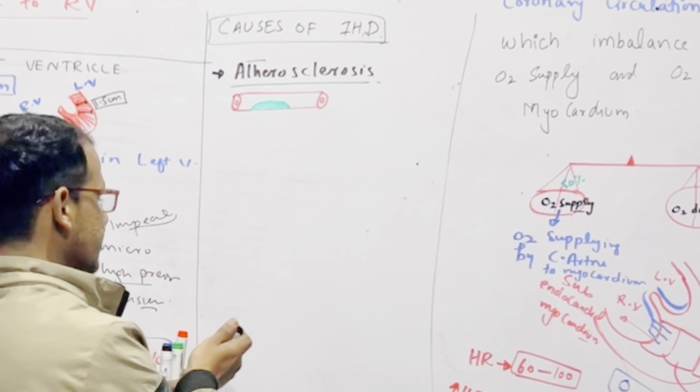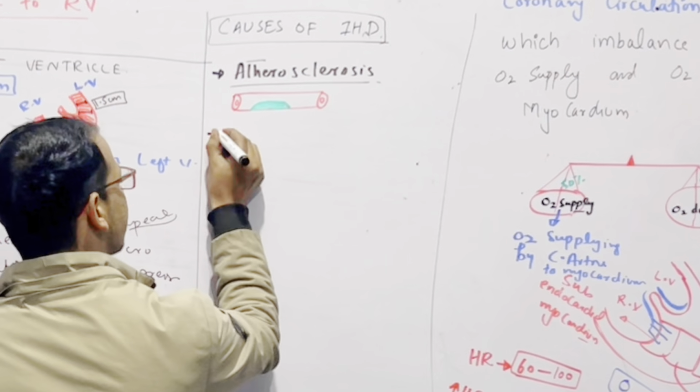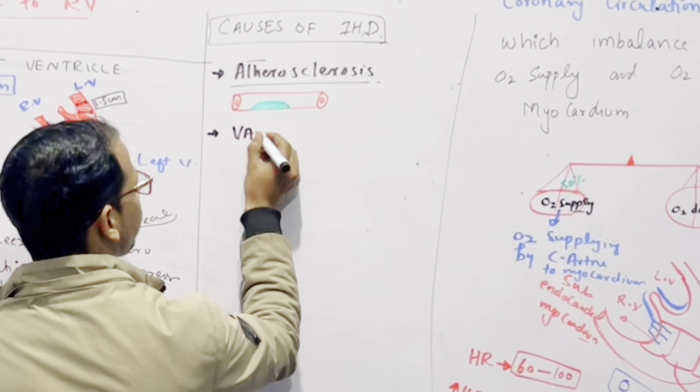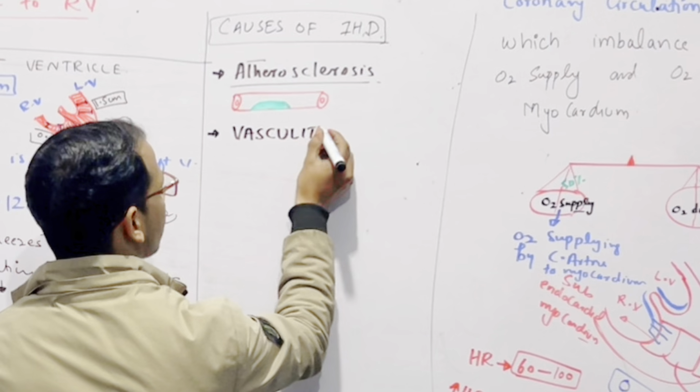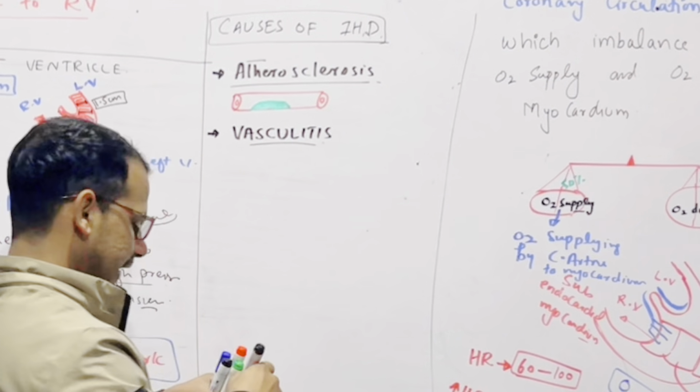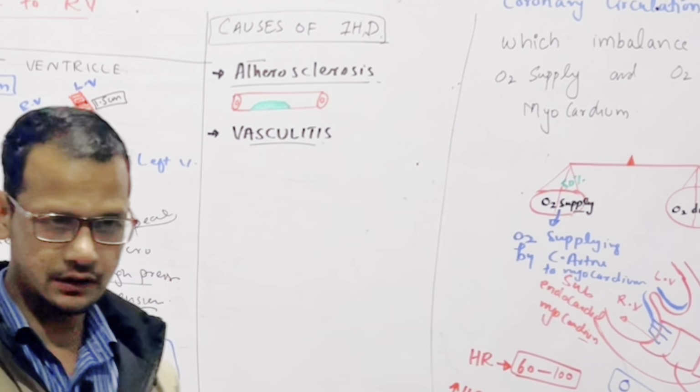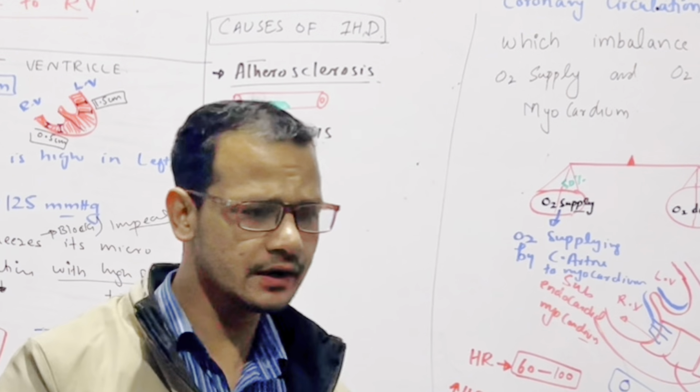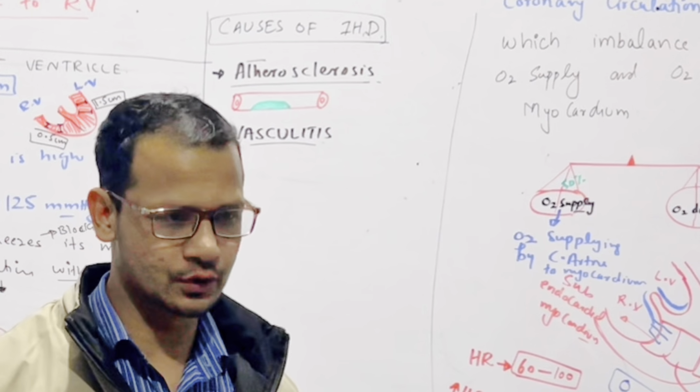The second cause is vasculitis. Vasculitis means some hypertrophy takes place in the coronary circulation.